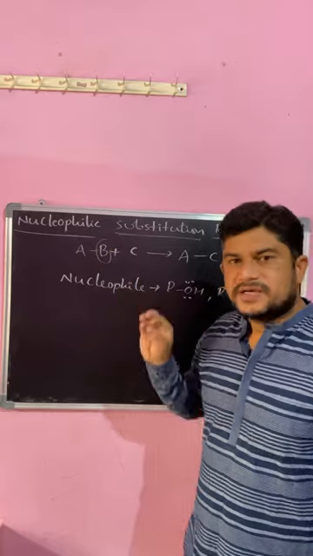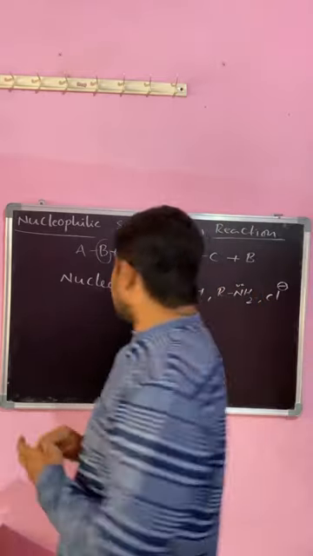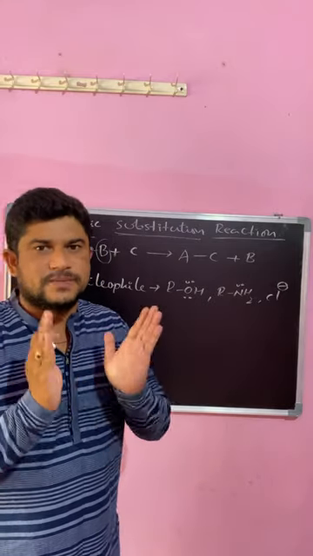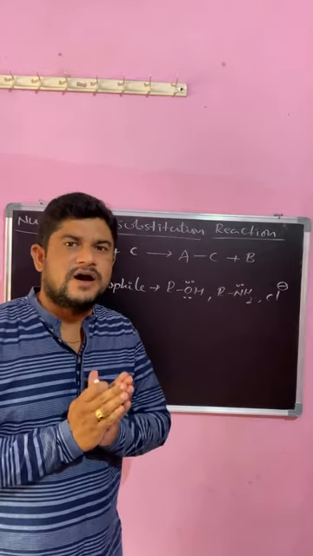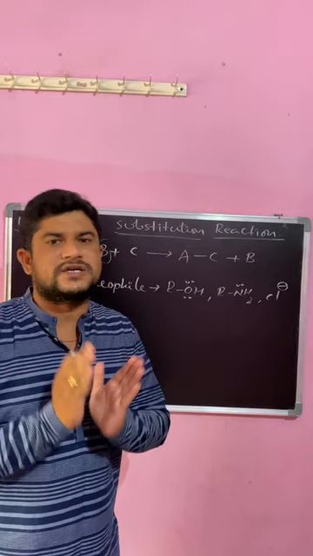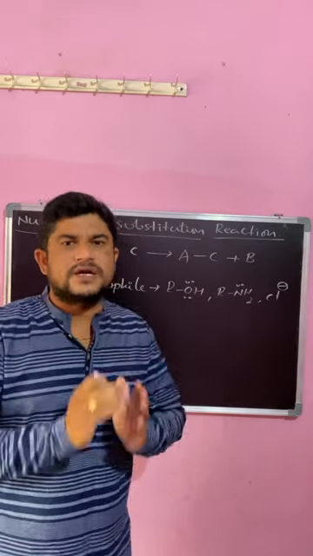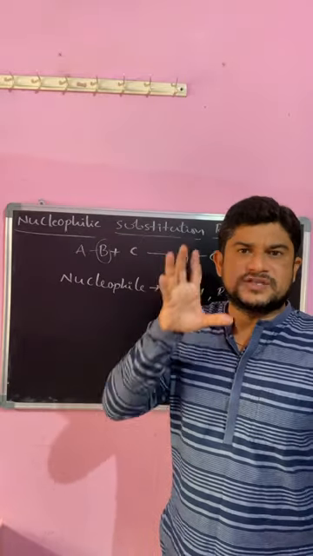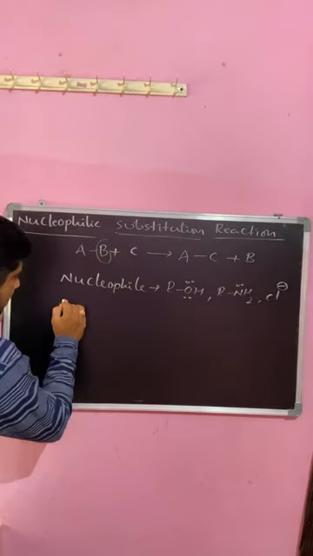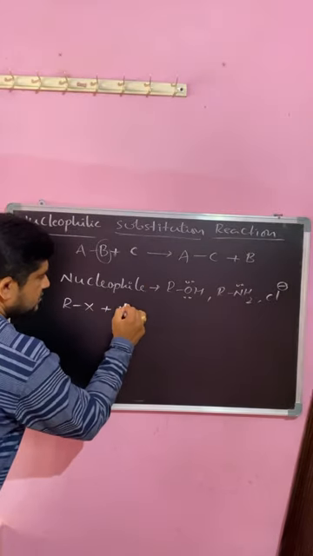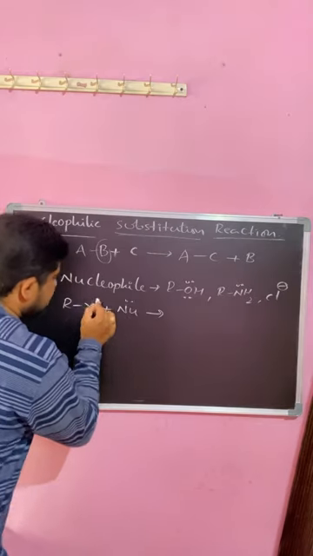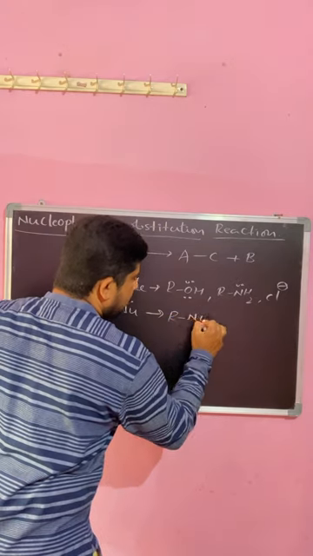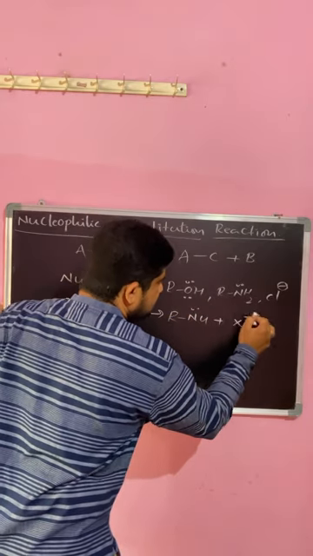So the substitution reactions of alkyl halides are nucleophilic substitution reactions. For example, an alkyl halide reacts with the nucleophile, and the halide group gets substituted by the nucleophile, leading to the formation of R-Nu plus X minus.